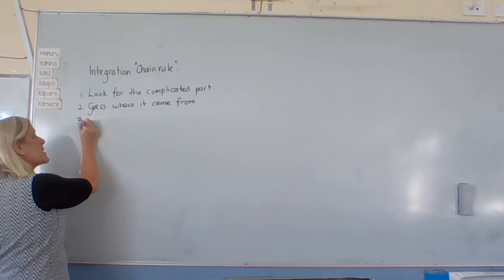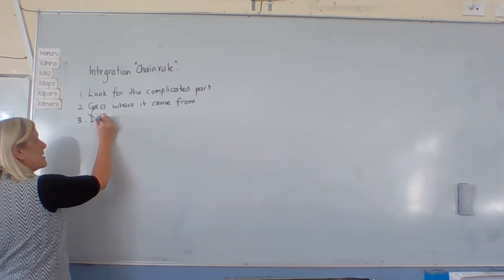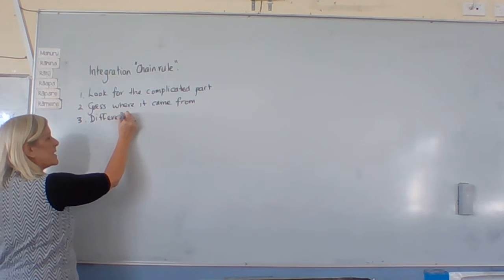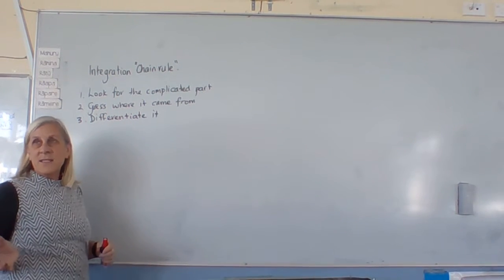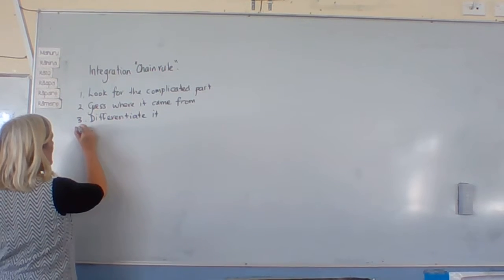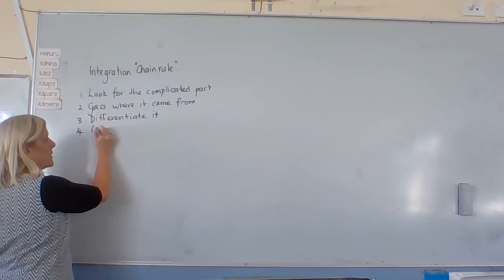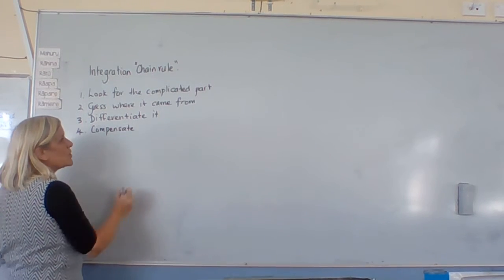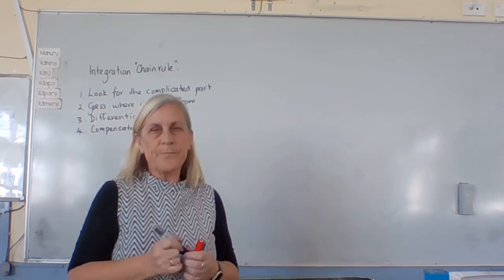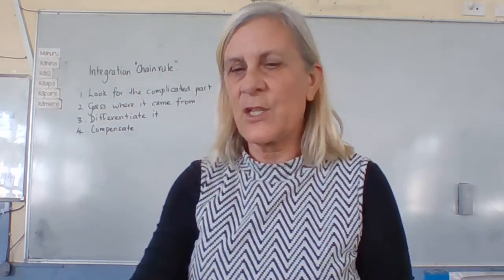Then what we do is we differentiate our guess to see what the difference is between our guess and what we're trying to integrate. And finally, we compensate for anything, usually some sort of multiple. Okay, let's have a look at an easy-ish one.